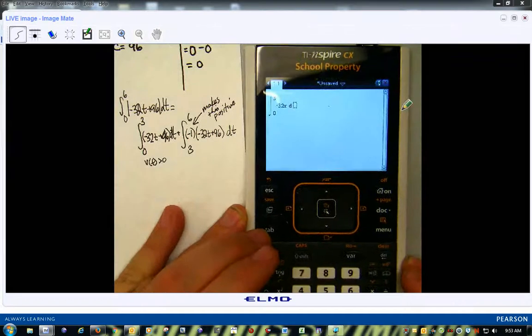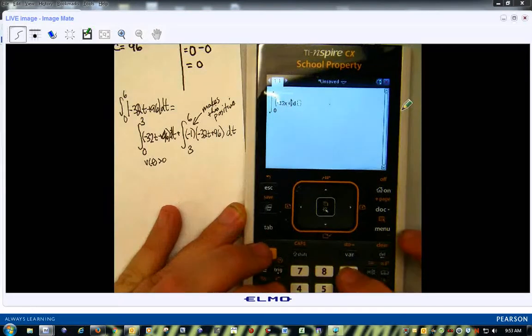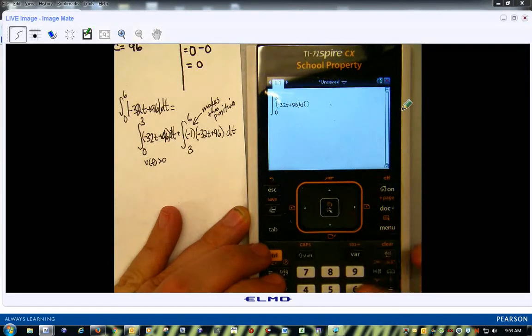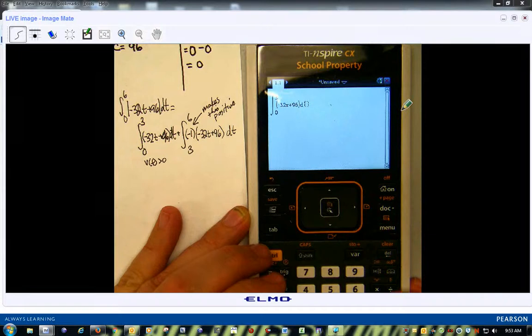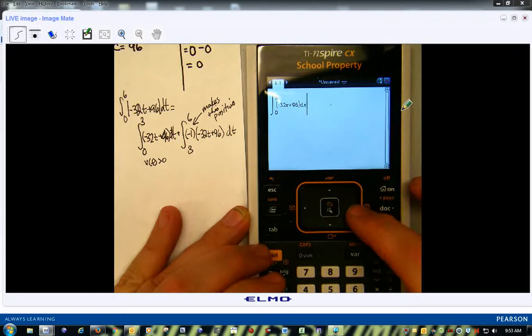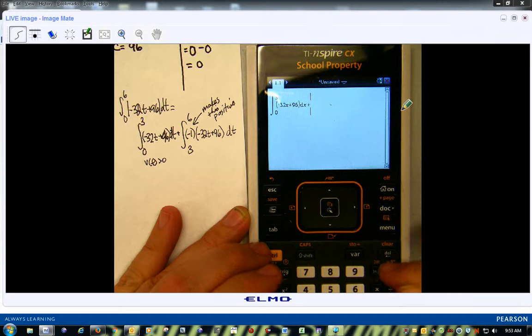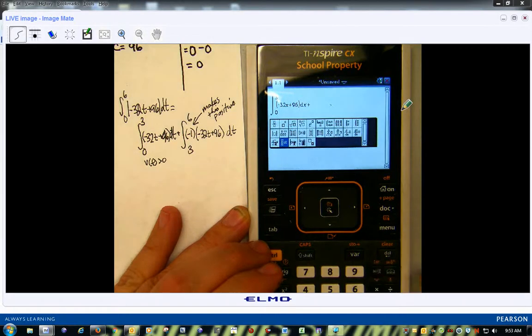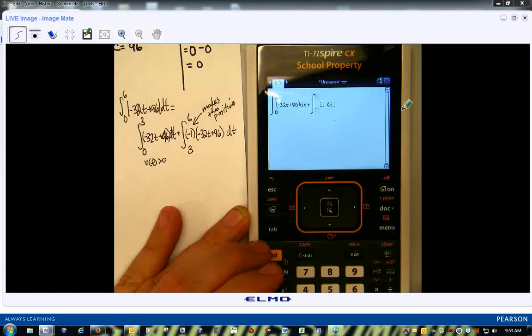And then what's the d? dx. Alright, so now I've got to get out of there, and I want to add on another integral, don't I? Alright, so I add on another integral. It's to the right of the 9, it has all the templates, and the integral is in the third row, second button.